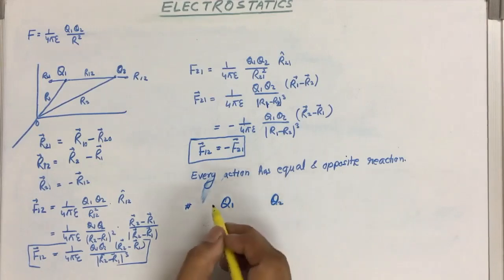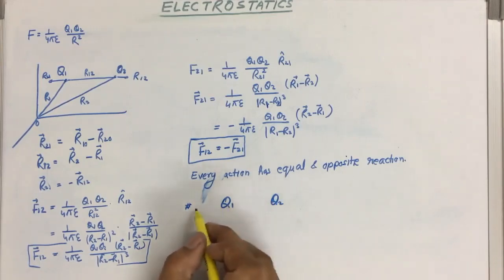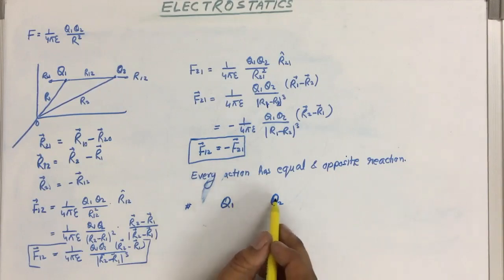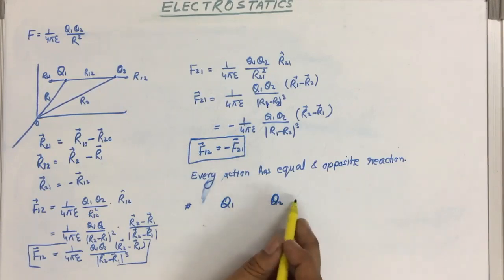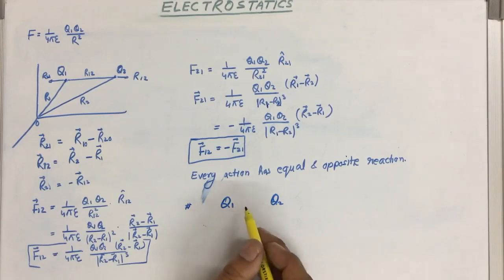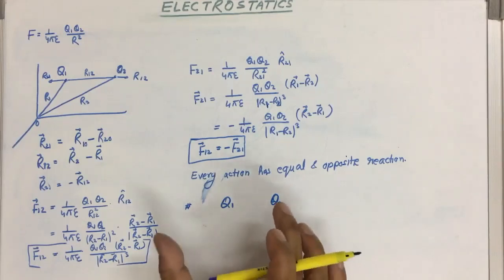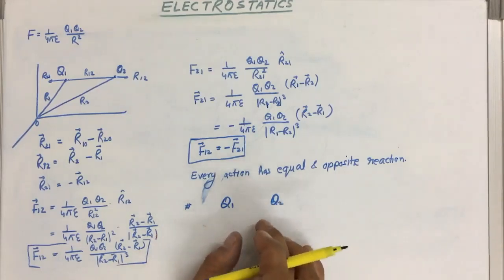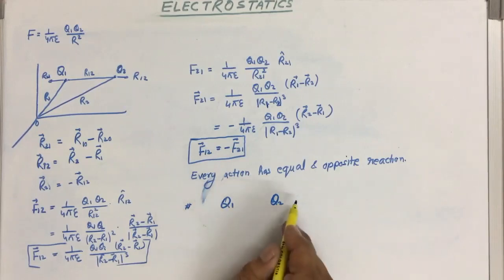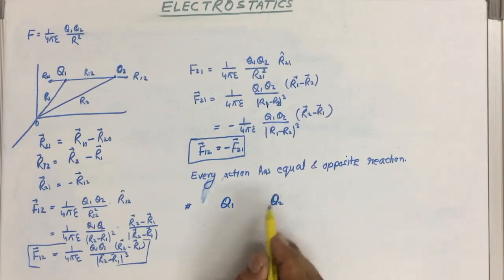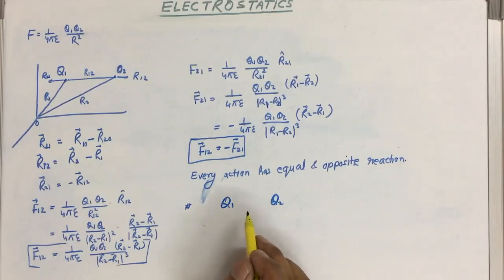The force on this from this will be in this direction, and from this will be in this direction, if both are of the same polarity. If these two are considered combiningly a system, then both forces, equal and in opposite directions, cancel out. So the internal forces will be only there, and the total force on the system will be equal to 0.